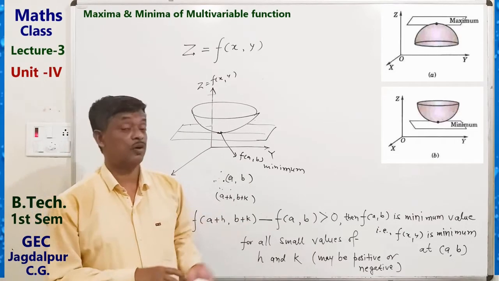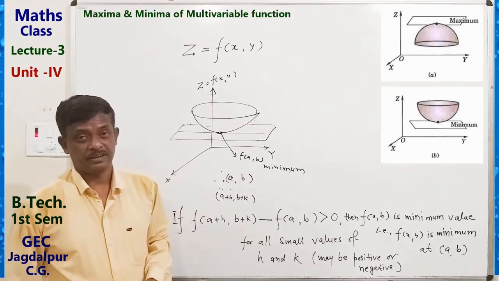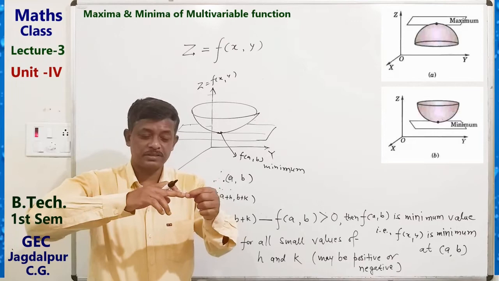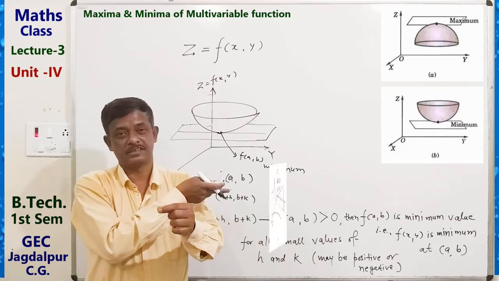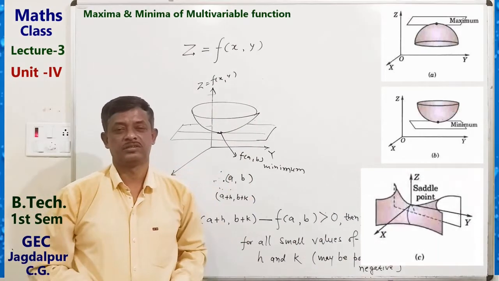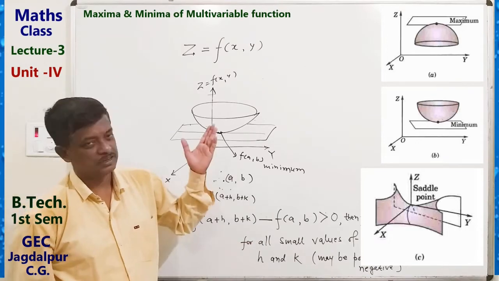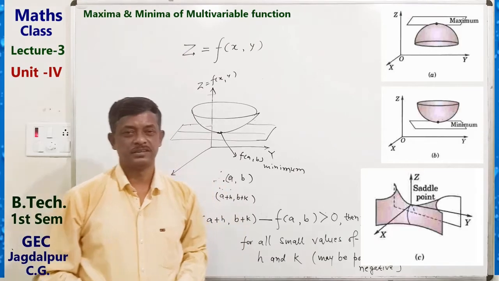And there may be a point on the surface where in one direction the surface ascends and in another direction it descends. So it ascends and descends both. That means in that case we can say there is no maximum and no minimum.